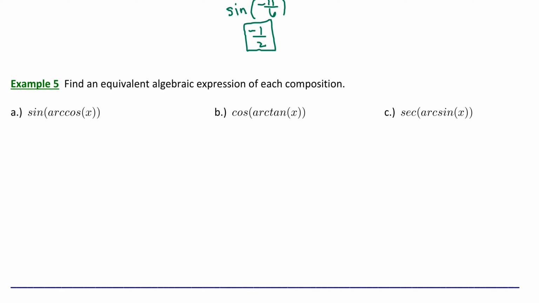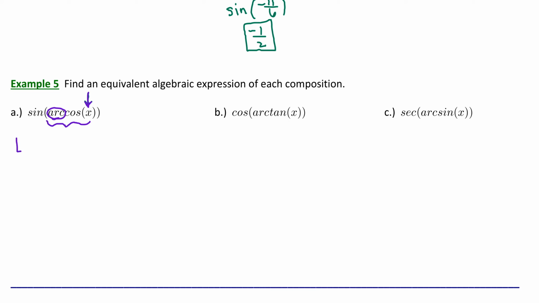So on example 5a, we have sine of arc cosine of x. Notice in this case, the input is not a number, but an algebraic expression. And we're going to be able to simplify this using the trick of SOHCAHTOA. Let's start with the inside function, arc cosine of x. Now the input to that function is a ratio, and the output is an arc or an angle.